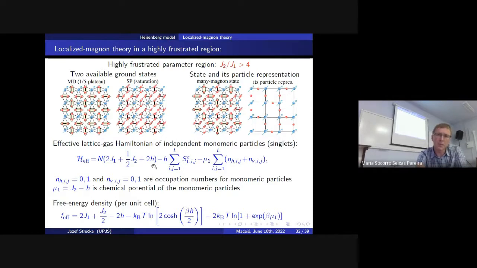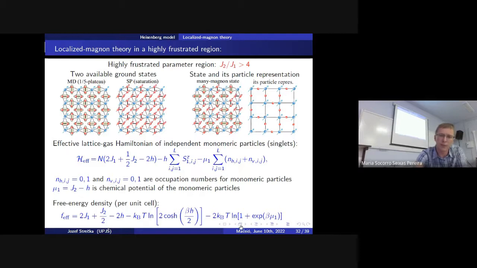This is the Zeeman term for these spins. And then this will be just the chemical potential. What is the difference between the singlet and polarized triplet state, whether this bond is in a singlet or polarized triplet state, and this is the occupation number. And this is a lattice gas of non-interacting hardcore monomers, independent, and that's why it's easy to elaborate.